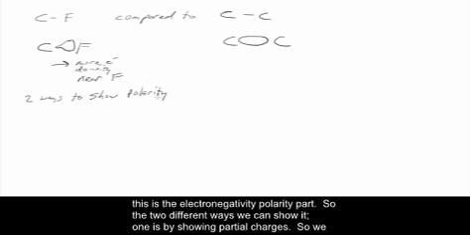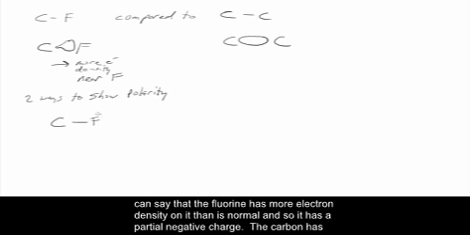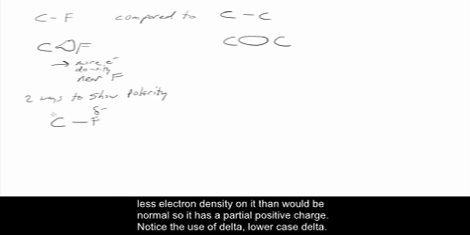And this is the electronegativity polarity part. So two different ways we can show it. One is by showing partial charges. So we can say that the fluorine has more electron density on it than is normal, and so that has a partial negative charge. The carbon has less electron density on it than would be normal, so that has a partial positive charge. Notice the use of deltas.